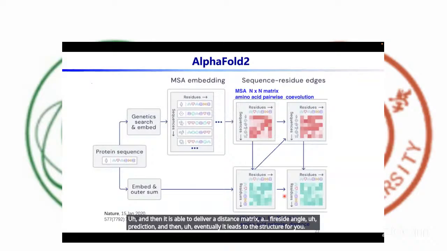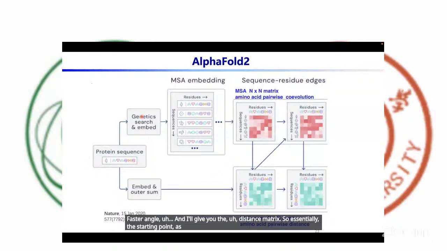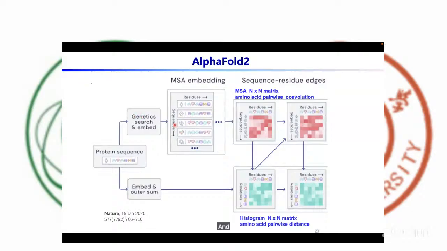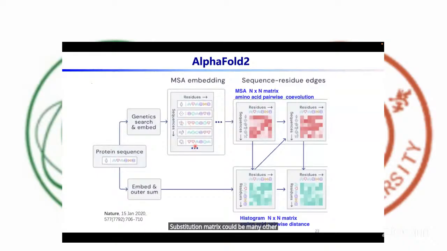So the question is how it can go through that to give you the phi psi angles and the distance matrix. The starting point, as I mentioned, is a sequence, and then we can utilize the vectors along the sequence. The vectors could be a substitution matrix, could be many other things, some of which I have already mentioned.